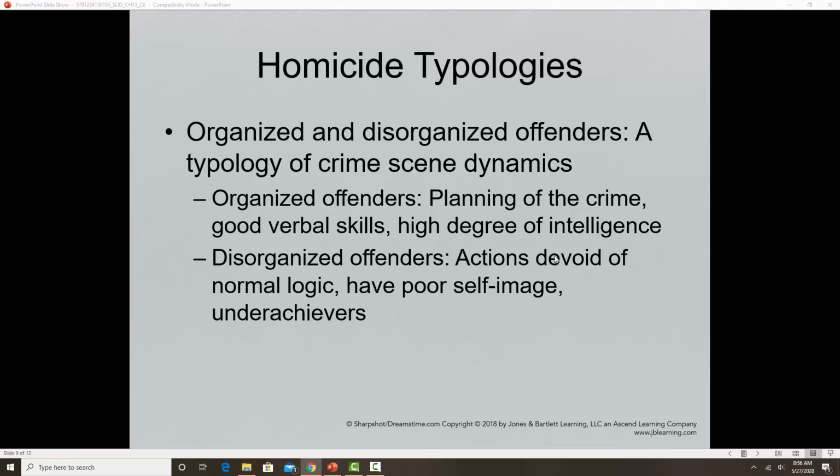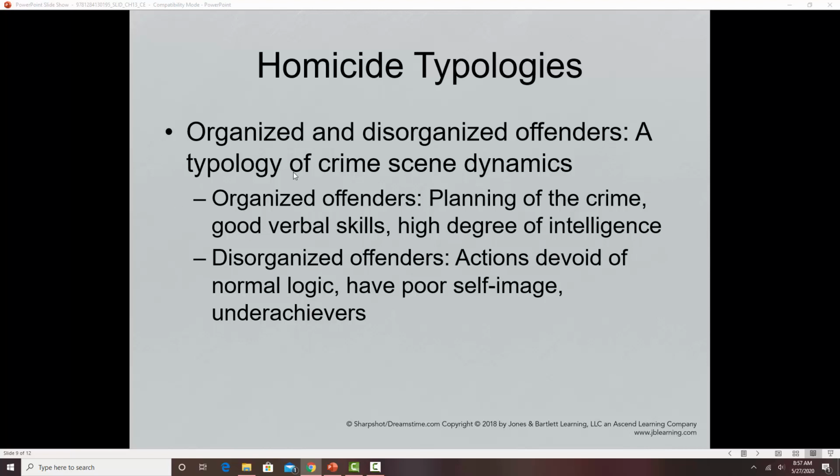A disorganized offender, it's usually not planned out. They leave a lot of evidence at the scene. They usually use items at the scene as weapons. They tend to have a poor self-image. They're underachievers.